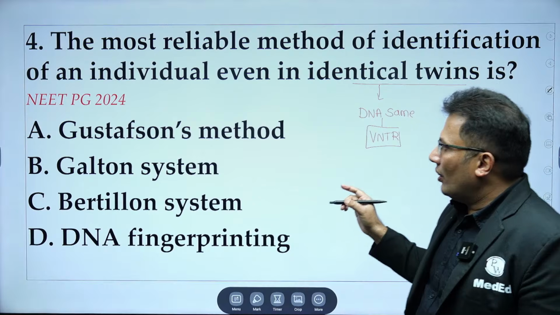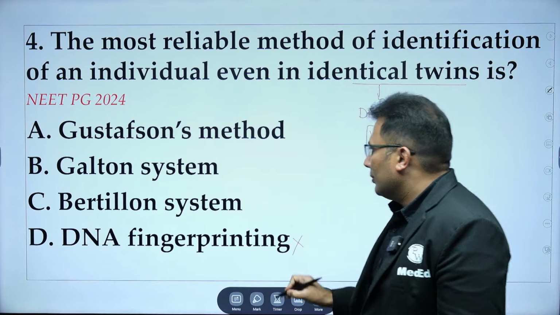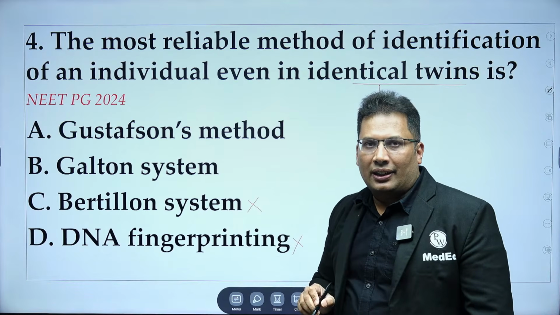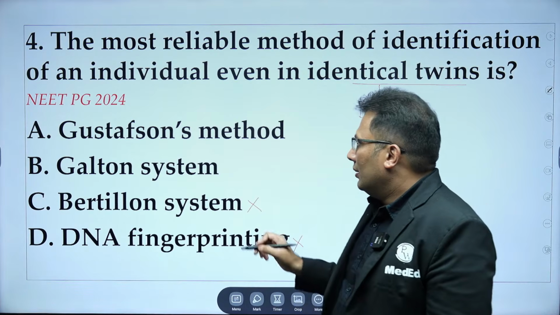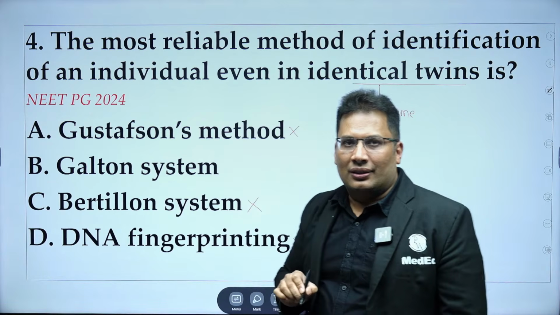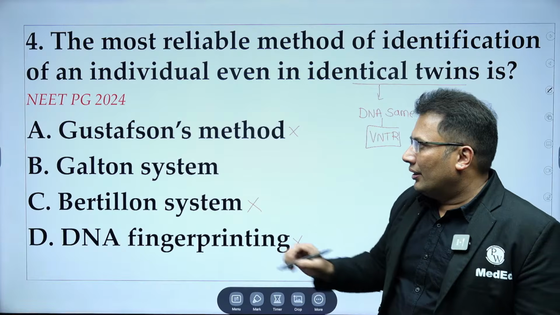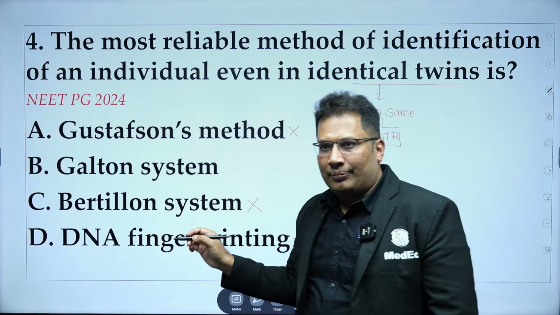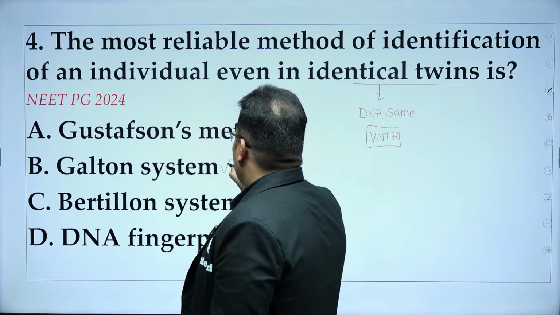So the answer is not DNA fingerprint. Bertillon system is anthropometry, height and weight of the person. Gustafson method is a method of age estimation, not identification. The answer is fingerprint, also known as Galton system. B is the correct answer.